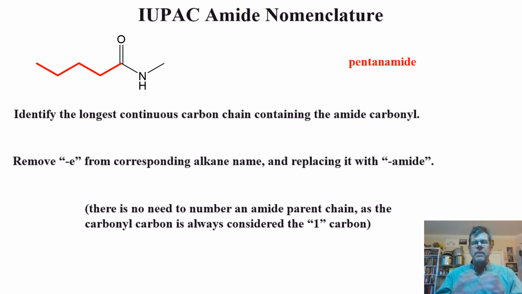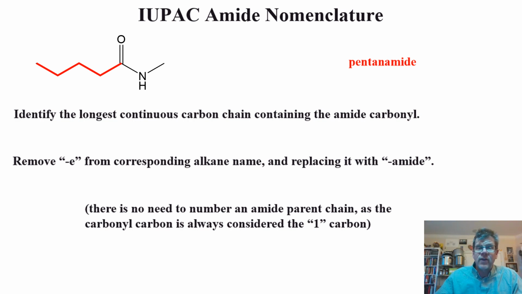I'm not going to be bringing in, at least for this course, any substitutions on the parent chain, so it'll just be a naked parent chain. We don't have to number it because that carbonyl always sits on that one carbon. So we're not going to bother with numbering with amides, my gift to you.